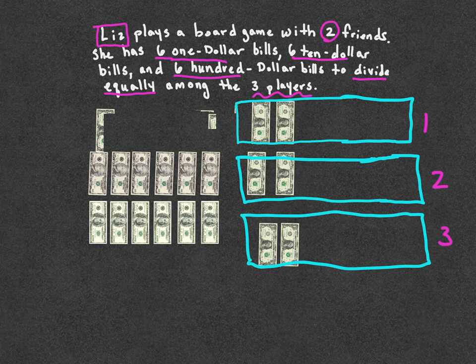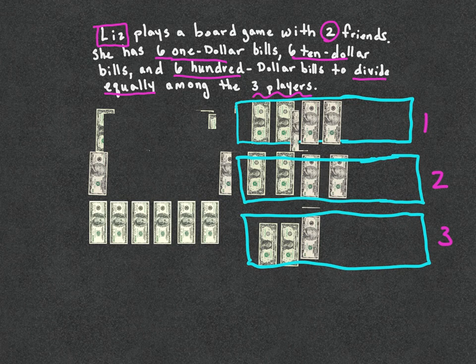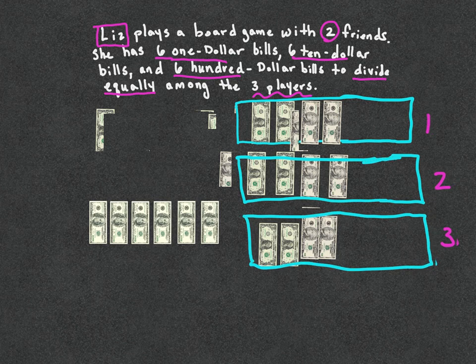Okay. Now I'm going to do the same thing for the tens. Each player is getting a $10 bill. All right, so it looks like right now they each have $22. So let's place now the hundreds.